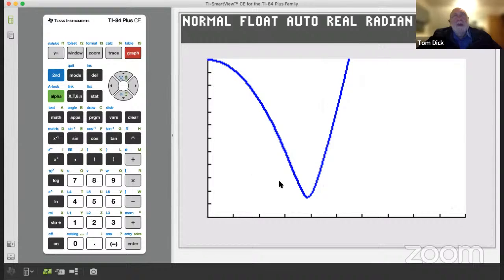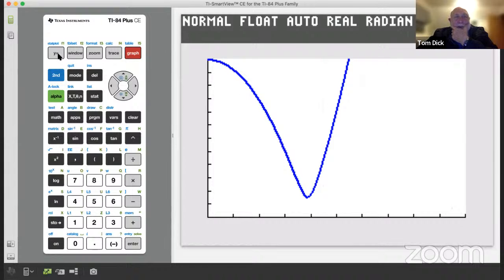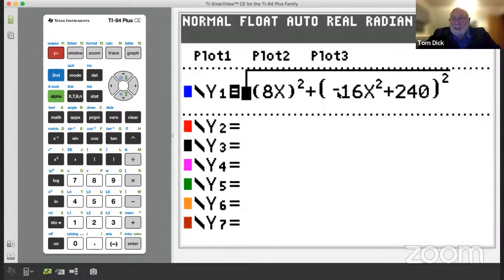Yeah, and can we figure out what the time would be for it to hit the ground? Let's see, I'm just going to go back to y equals. It's this second part, negative 16, and remember x here is time. It was negative 16t squared plus 240. When does that part become 0?